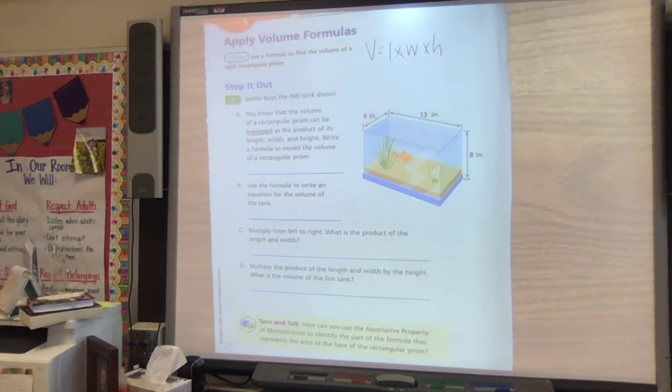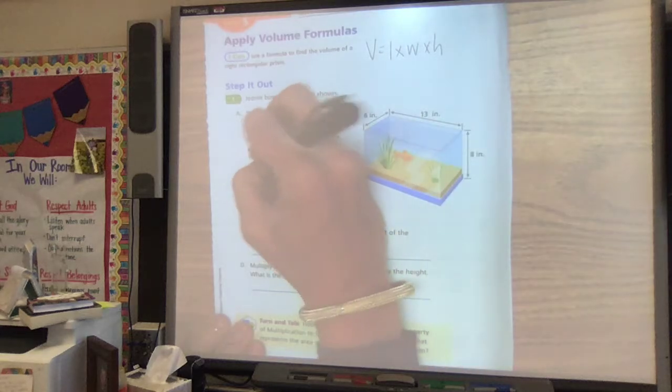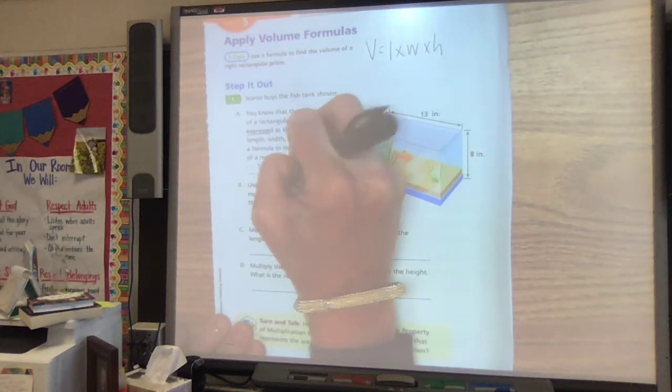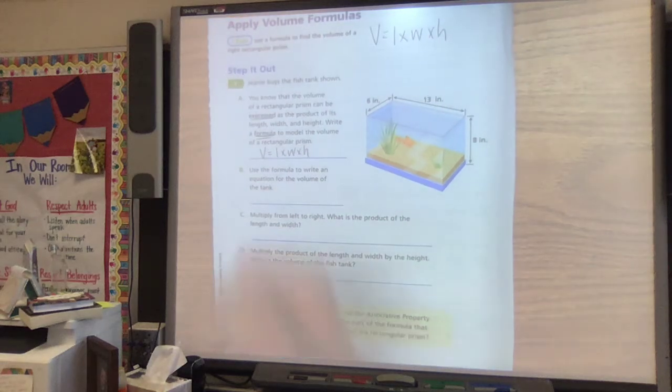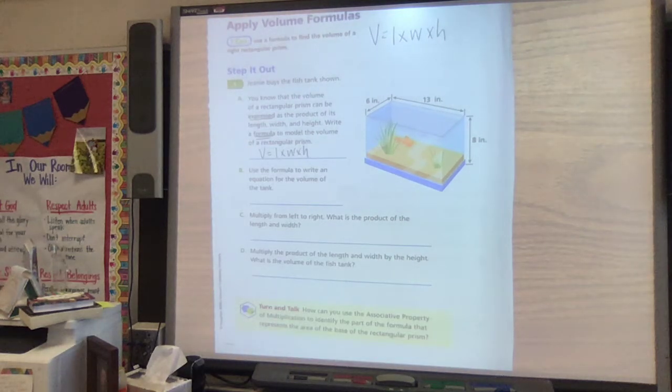If we know we're doing length times width times height, then how long is that fish tank? So we can say volume is length times width times height. That's our formula.